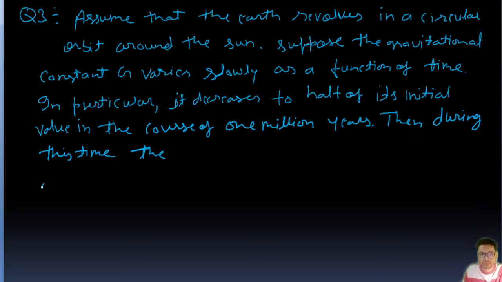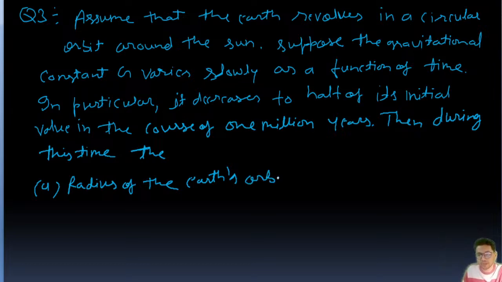the options are: Option A, radius of the Earth's orbit will increase by a factor of 2.